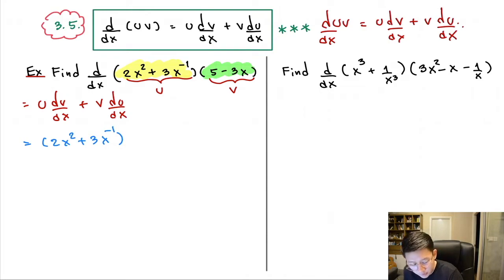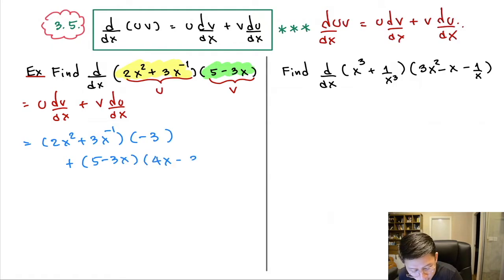Dv is just minus 3, isn't it? Because the derivative of 5, which is a constant, is 0, and the derivative of minus 3x is minus 3. Okay, so we have u and dv by dx, u dv plus v, which is 5 minus 3x, and du would be 4x minus 3x to the power of minus 2.